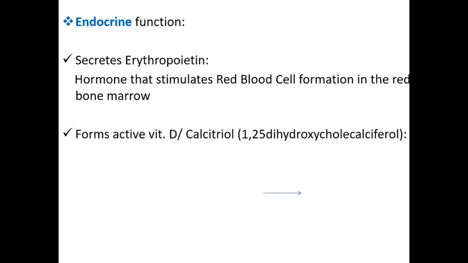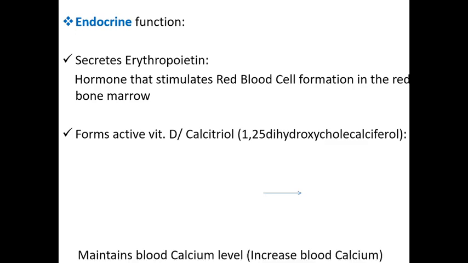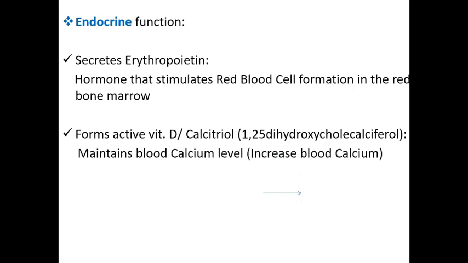The second hormone produced by the kidney is the active form of vitamin D, known as calcitriol or 1,25-dihydroxycholecalciferol. Why do we need vitamin D? Vitamin D is one of the three hormones that maintain calcium metabolism in our body. The function of vitamin D is to increase blood calcium level.